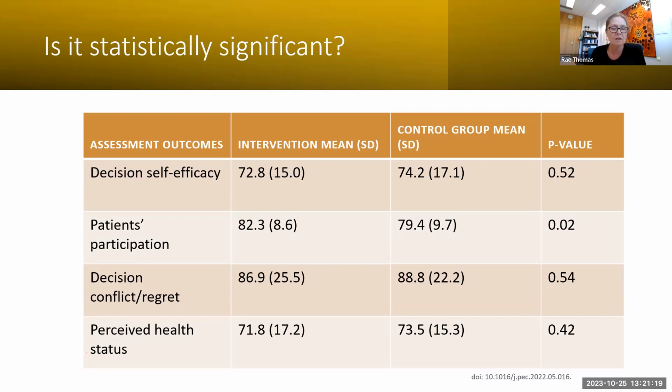Now, I told you that if p-values were less than 0.05, it indicated that something was statistically significant. So first of all, I want you to tell me what is the clue that helps you decide this? Are these measures continuous or dichotomous?